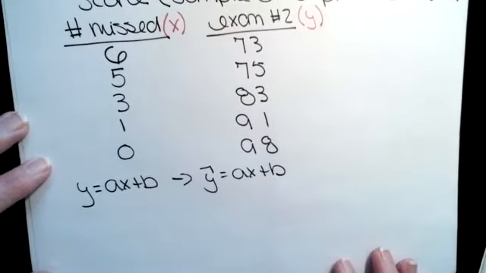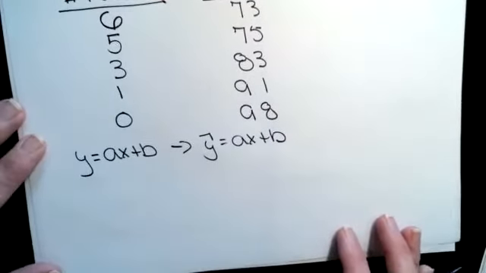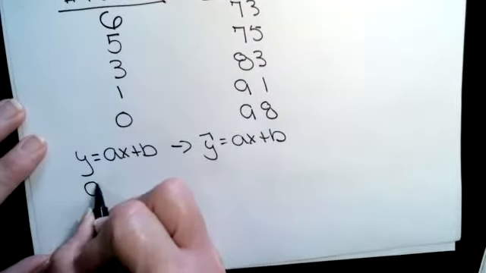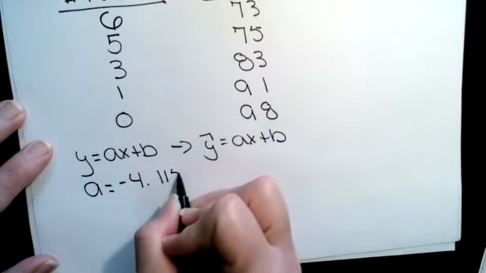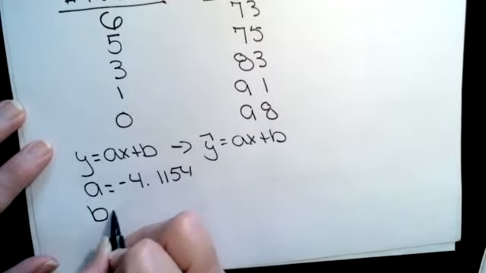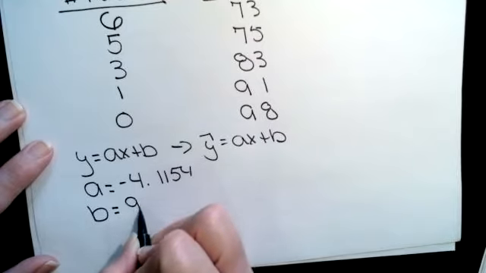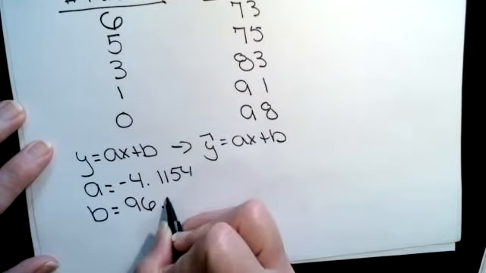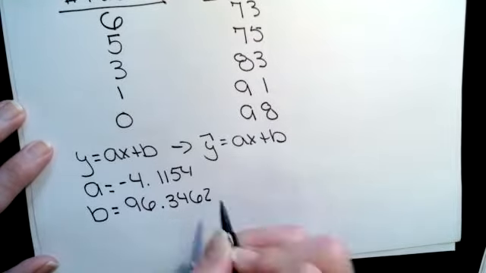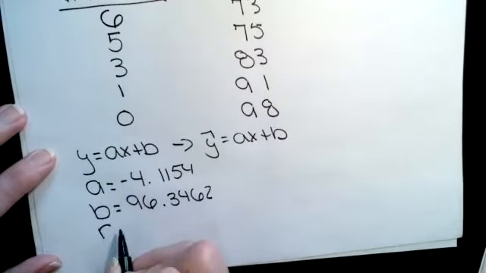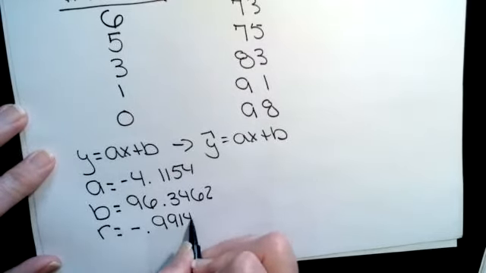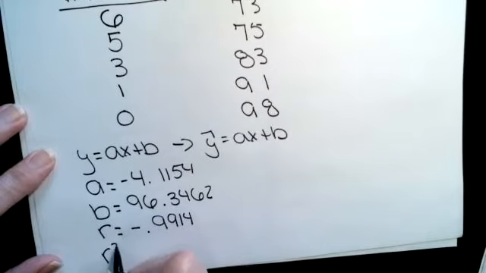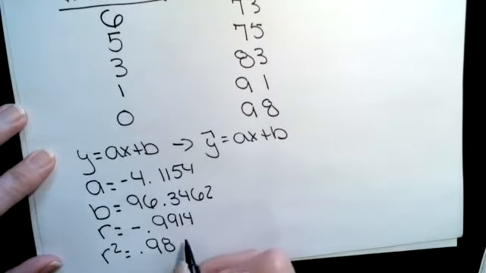And here I'm going to find, now I've already done it, that a is equal to negative 4.1154, and b is equal to positive 96.3462. And then I get r, which is negative 0.9914, and r squared is equal to 0.9829.